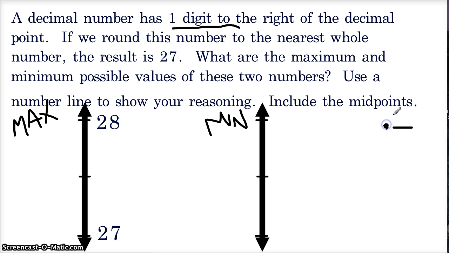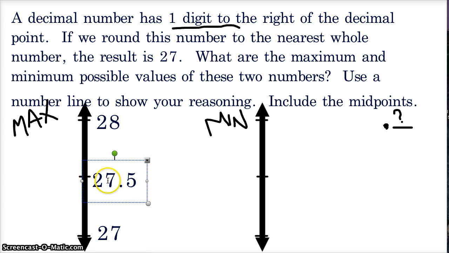We don't know what it is yet, but it did have something there. When we rounded it, it rounded to 27. So to find my max, my low is going to be 27, and then my high will be one above that, 28. So my midpoint between 27 and 28 is 27.5.